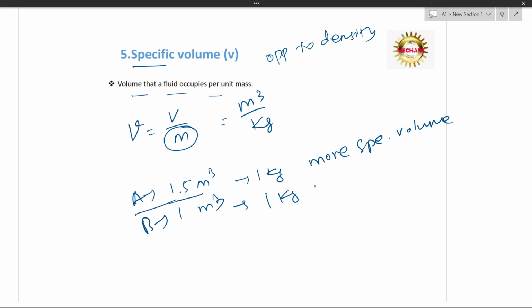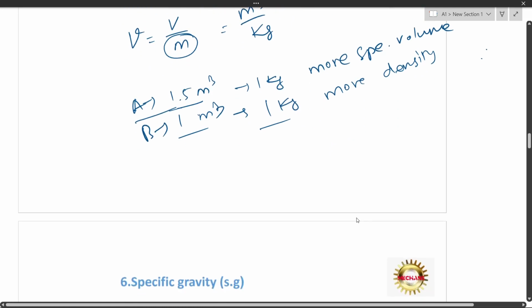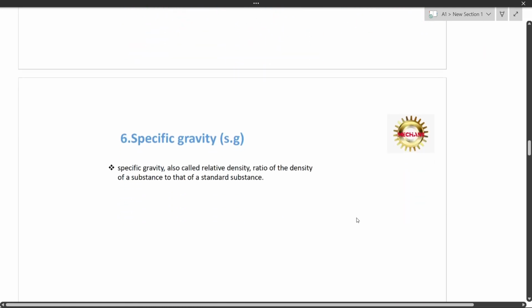B has less space to create 1 kilogram, so if you calculate densities, it has more density. That's why I earlier told that density and specific volume are two opposite properties.